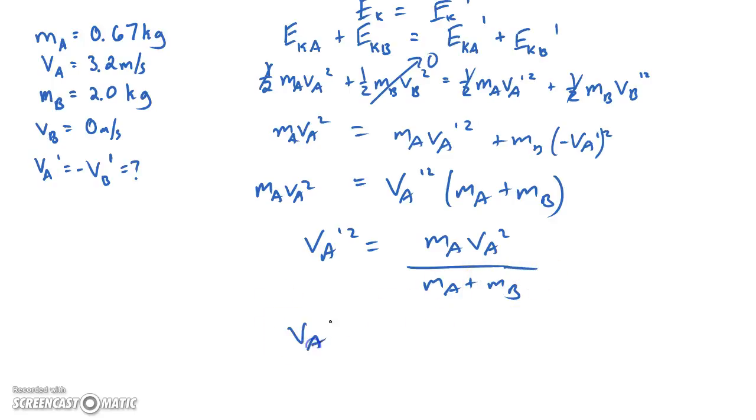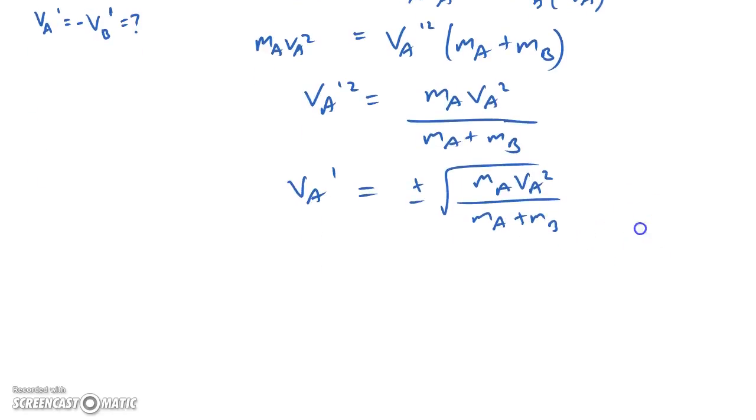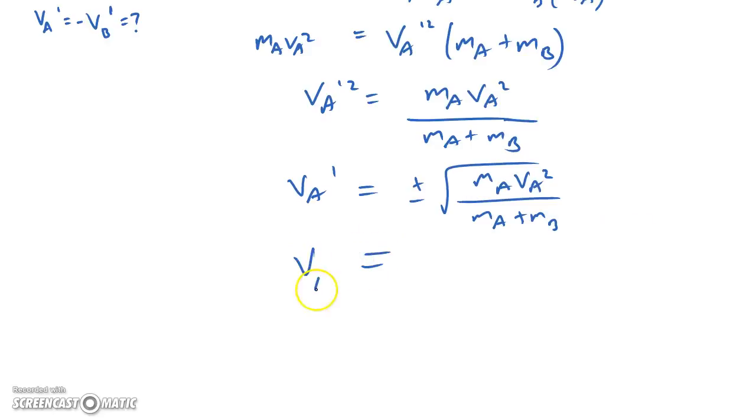And if we square root that, VA prime is going to be plus or minus the square root of MA VA squared over MA plus MB. Put that in your calculator and you are going to get an answer of 1.6. So you're going to get plus or minus 1.6 meters per second.